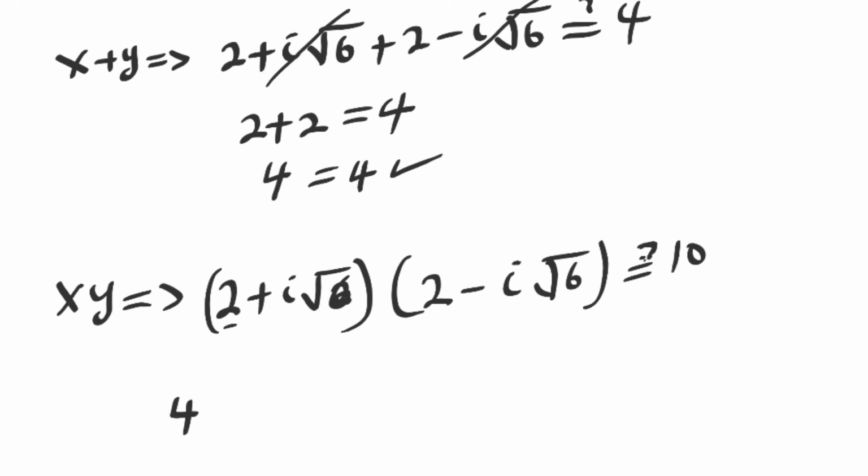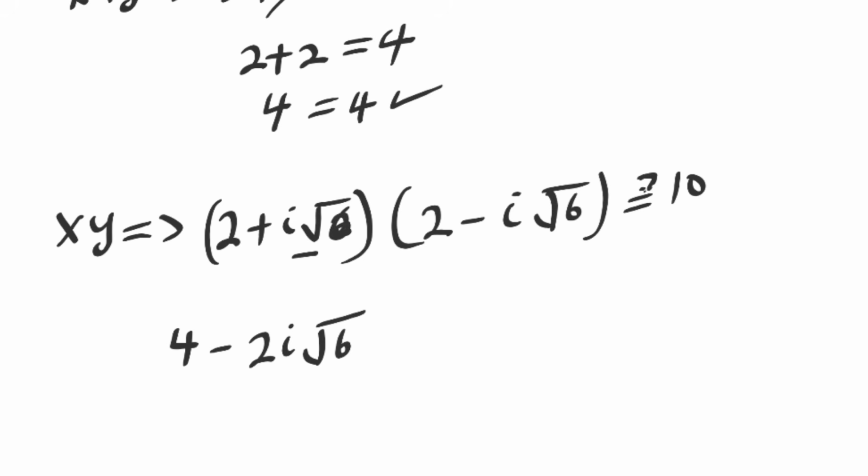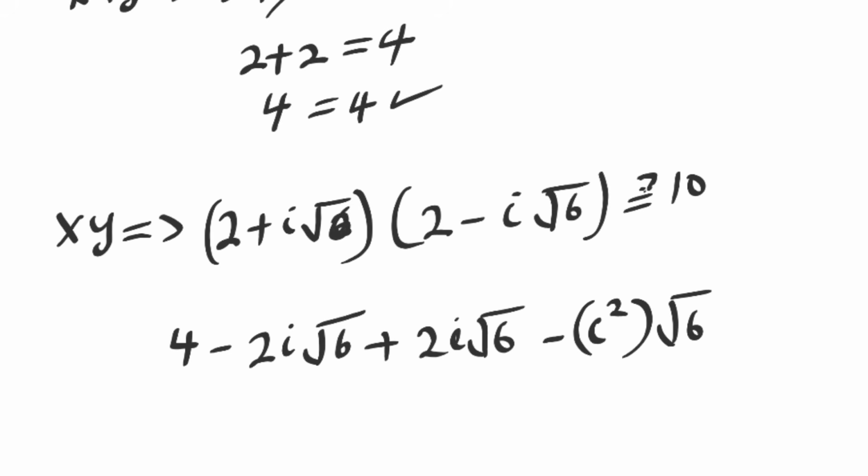Then 2 multiplied by minus i root 6, that is minus 2i root 6. i root 6 multiplied by 2, that is plus 2i root 6. i root 6 multiplied by minus i root 6, this is minus i squared multiplied by square root of 6 squared, must be equal to 10.